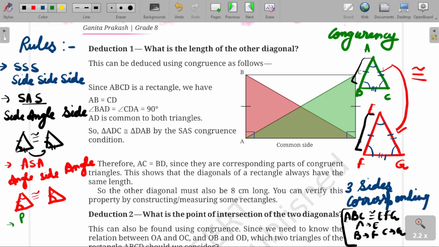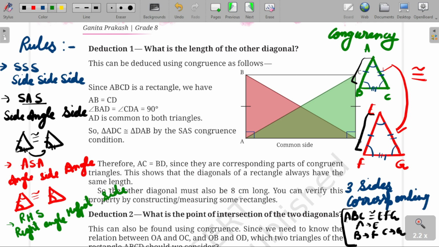The last property is RHS. RHS means right angle, hypotenuse, side.